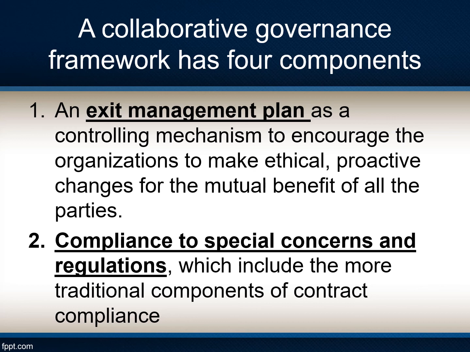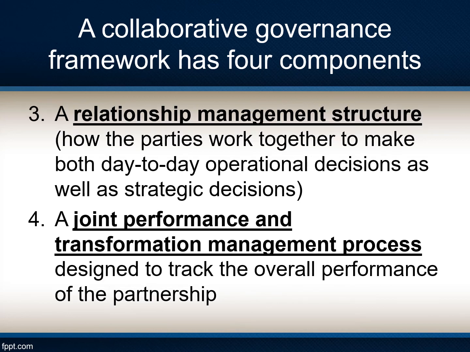And the second one is compliance to special concerns and regulations. Okay, it will be audited or evaluated how they complied and how they attended to the special concerns or traditional components of the contract. The third one is a relationship management structure.